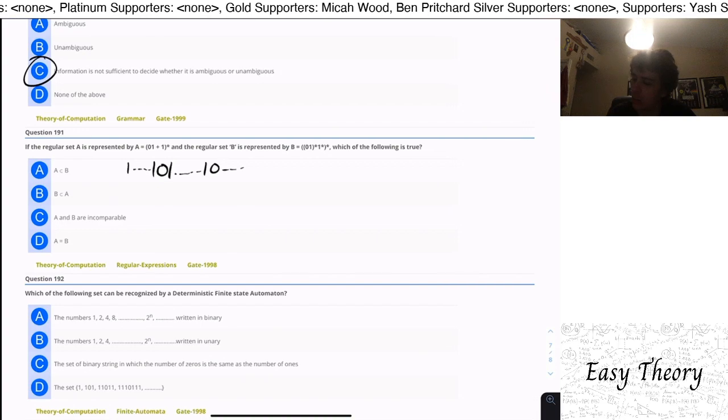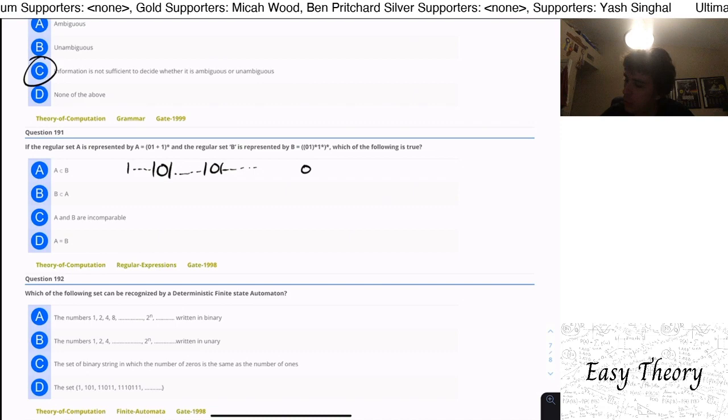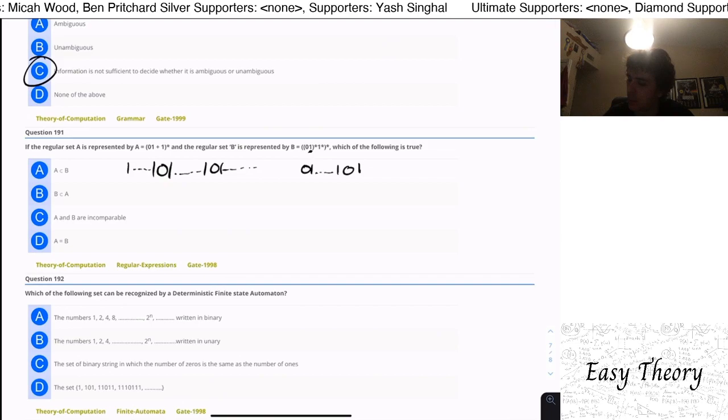So you can think of the first language as a bunch of 1s, and then a 0 with a 1 after it, and then 1, 0 with a 1 after it, etc. And the same thing is true here. If you have a 0, this 1 will get you, and then that 1 will have some number of 1s after it before you see a 0, but then you must have a 1 again. So yeah, these two are the same.